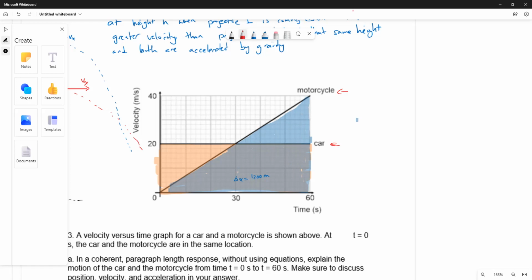The area of that section would be 1/2 times 60 times 40. That's the area of the triangle, right? It's base times height times 1/2. That'd also be 1200 meters. So at 60 seconds, it's also traveled 1200 meters.